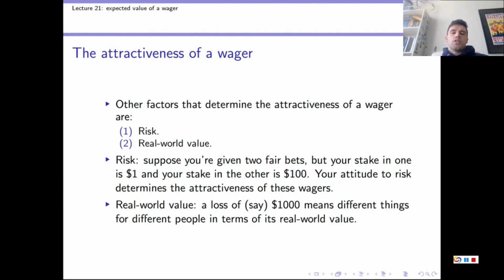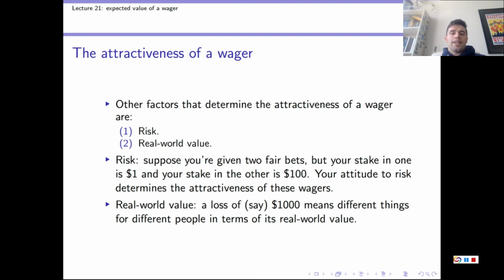This assumption is sometimes phrased as saying money has a constant marginal utility. However, this assumption is quite often a bad one to make. If someone is poor, for example, a loss of $1,000 to them might mean everything. Perhaps they can no longer afford food to eat. In this case, the real loss of $1,000 is much greater than, for instance, the real gain of winning $1,000.